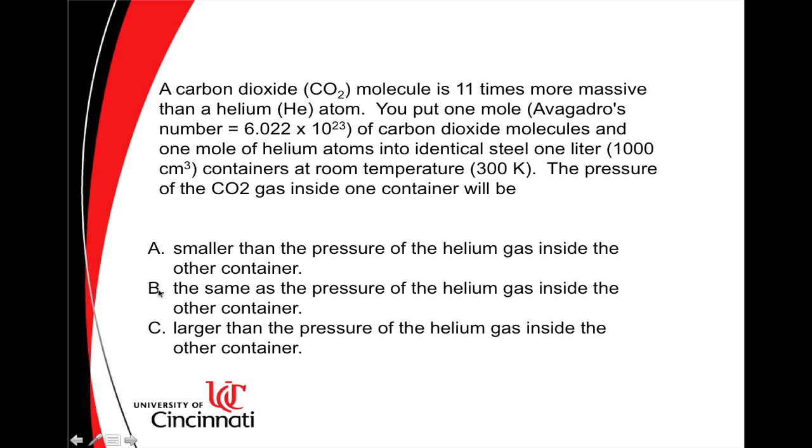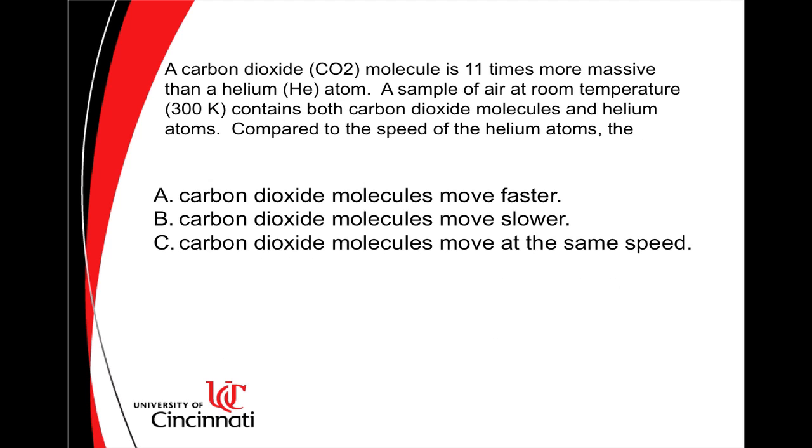This is actually kind of confusing when you think about it, because the second related question is that the carbon dioxide molecule is 11 times more massive than the helium atom. You have a sample of air at room temperature that contains both carbon dioxide molecules and helium atoms. Compared to the speed of the helium atoms, what about carbon dioxide?